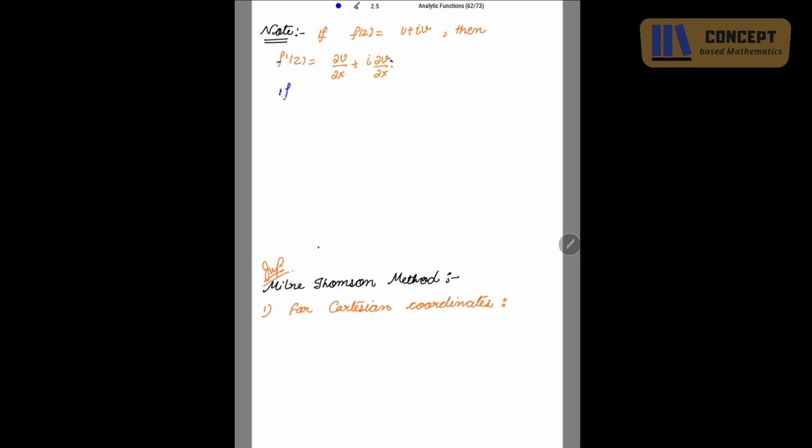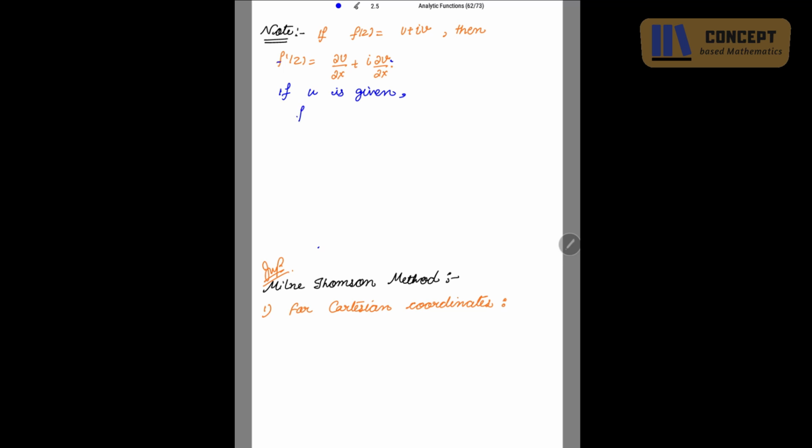Now if u is given, then also we can find f dash z in terms of u only, that is the u partials, because I can change this second term to del u over del y.